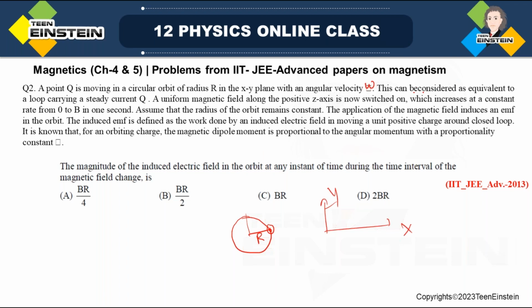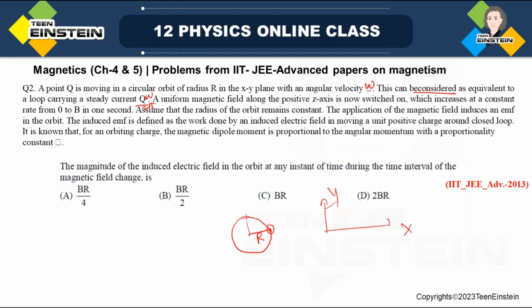This can be considered as equivalent to a loop carrying a steady current, not Q, but Q omega by 2 pi. I'll tell you what.